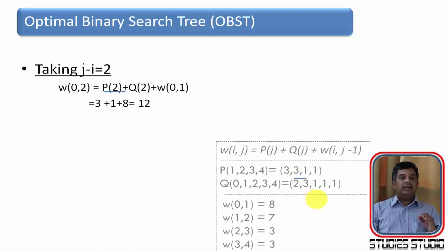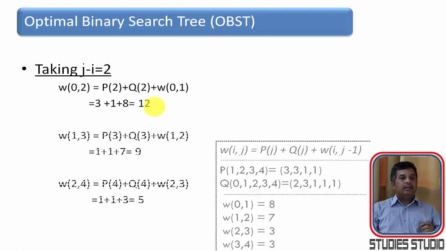P2 value is 3, Q2 value is 1 and W01 value is 8. So you are getting 3 plus 1 plus 8 is 12. Similarly, all other j minus i equal to 2 values we need to find. It means W13, W24. So the value of W13 will be 9 and the value for W24 will be 5.